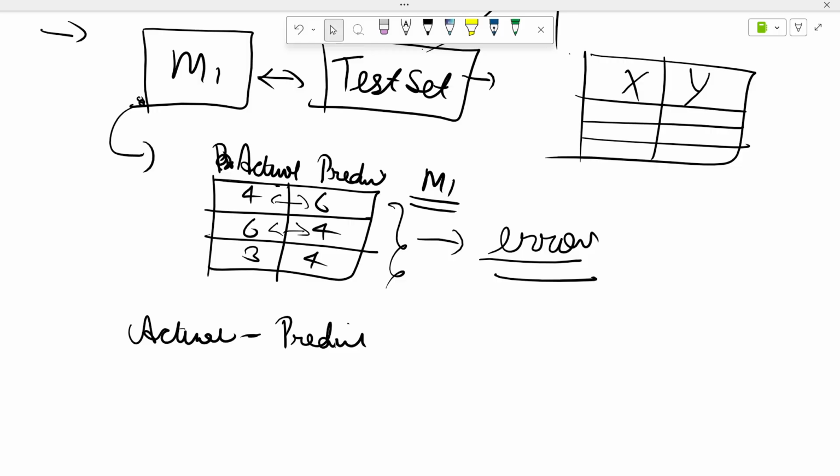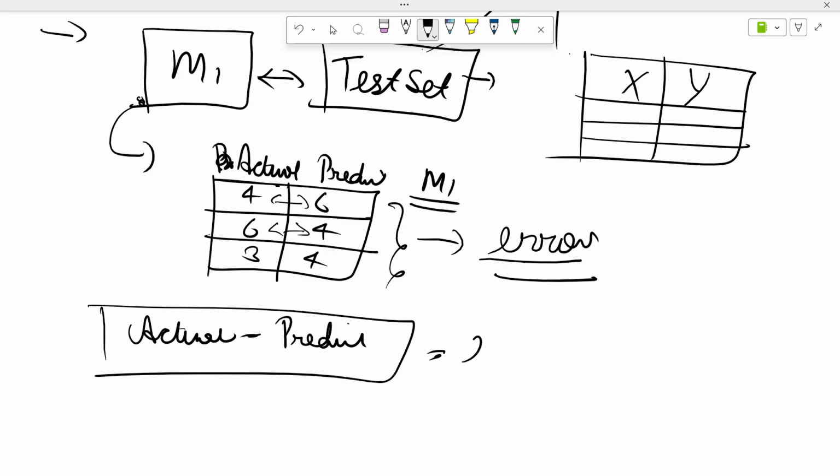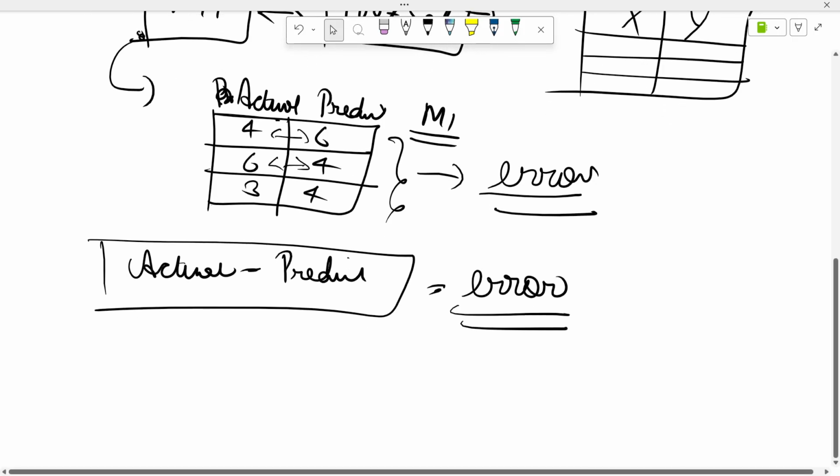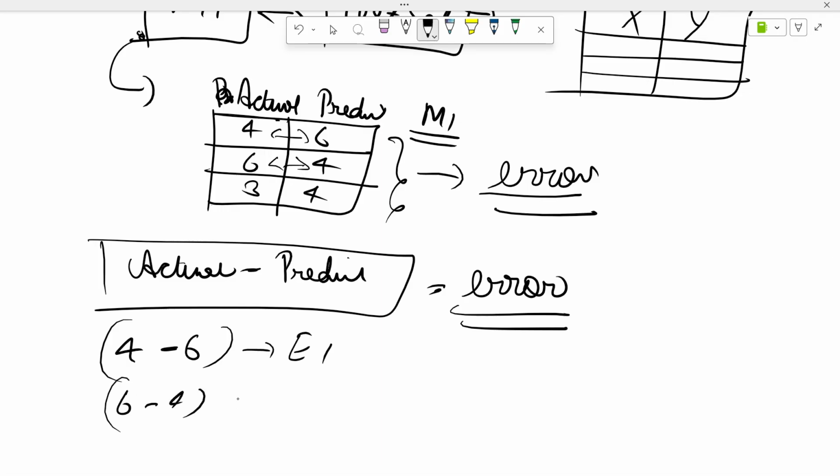That's the error definition. In simple terms, the error is the difference between actual value and predicted value. Now do it: actual value is 4 minus 6, this is error 1 in the first example. 6 minus 4, error 2. For the third example, 3 minus 4, error 3.